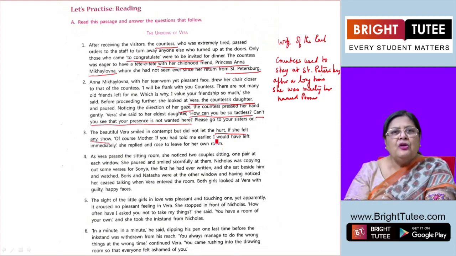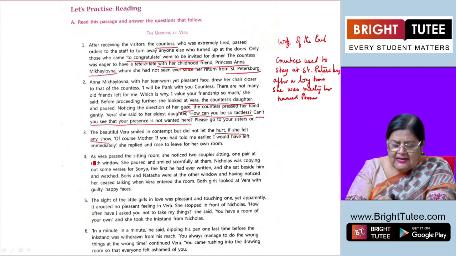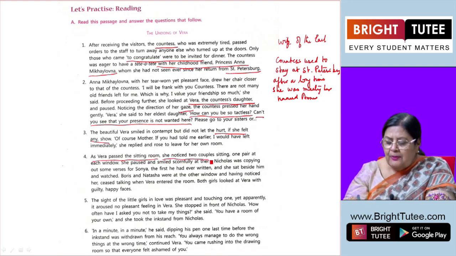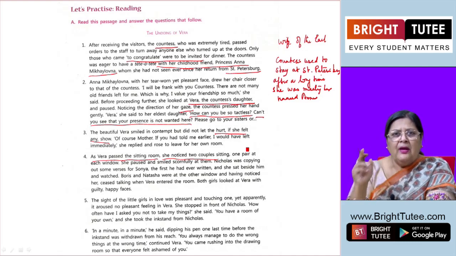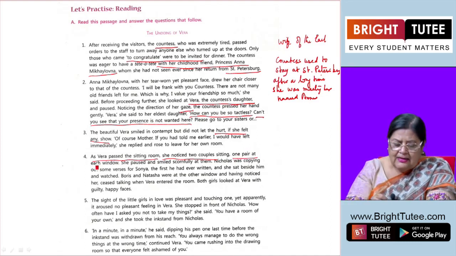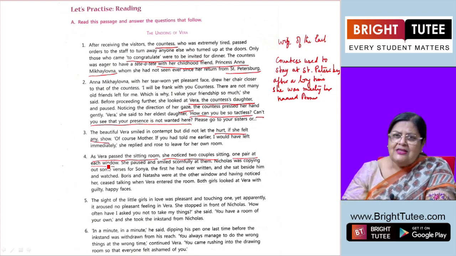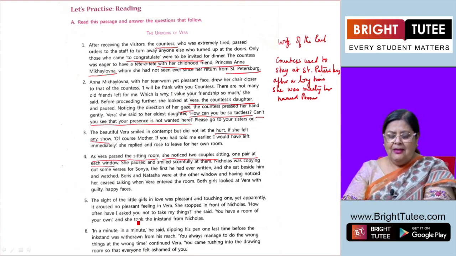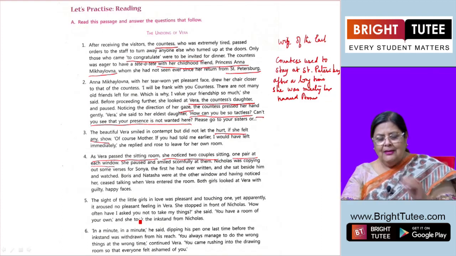Now comes the story of Vera. As Vera passed the sitting room, that means the drawing room, she noticed two couples, one boy and one girl, and another boy and another girl, sitting one pair at each window.